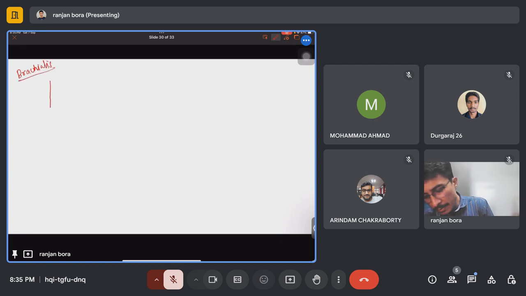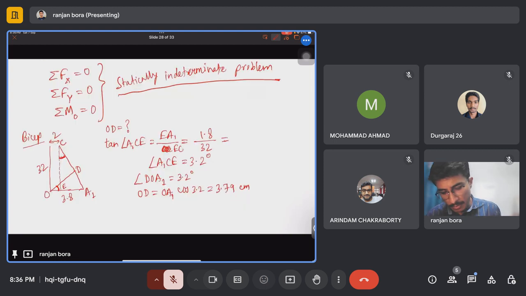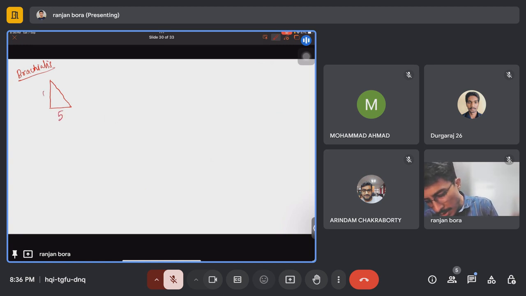For brachialis, A2 is 5 and it is 8. 5 and 8, and this is point O, A2, C. Again we will find this angle, 5 by 8.